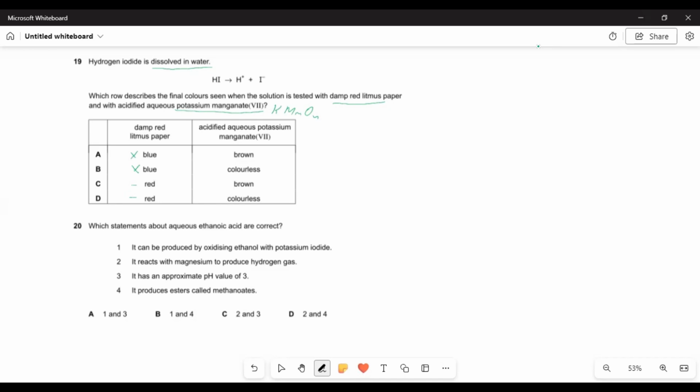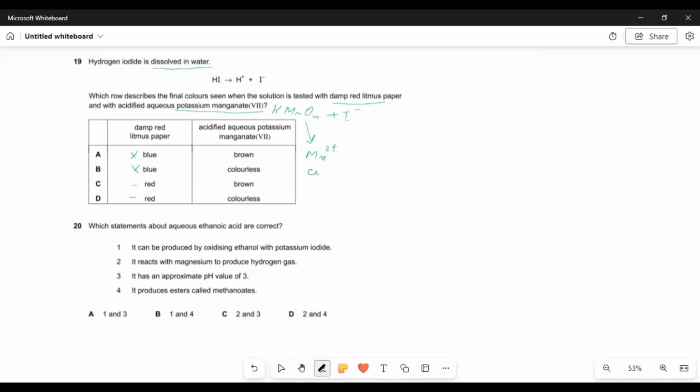Okay, so leave it. Now we are confused about brown and colorless. So actually, when it reacts with iodide, definitely its purple color becomes colorless because it forms manganese 2 plus ion, which gives very light pink color.